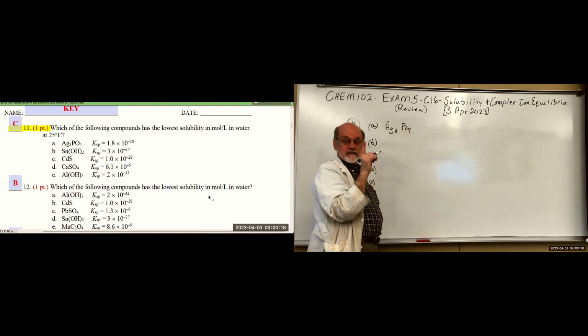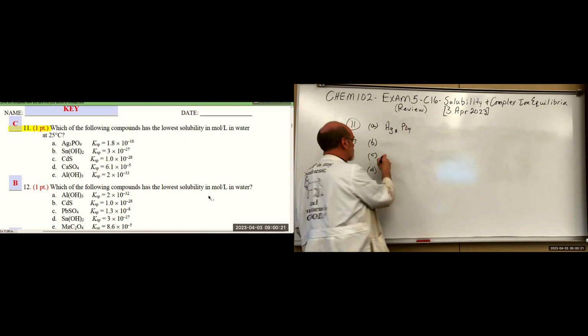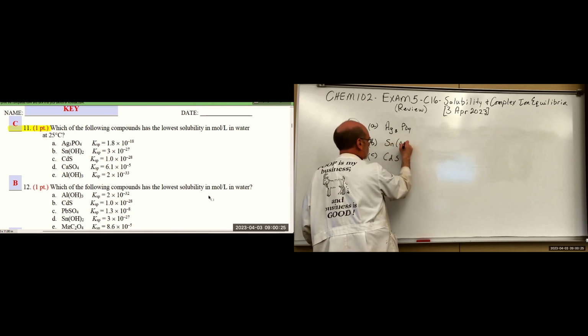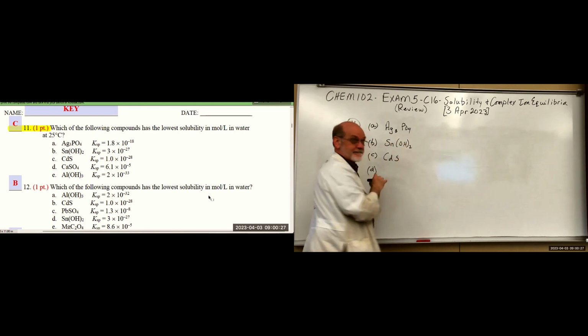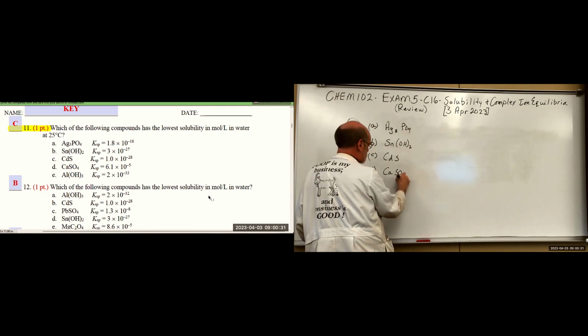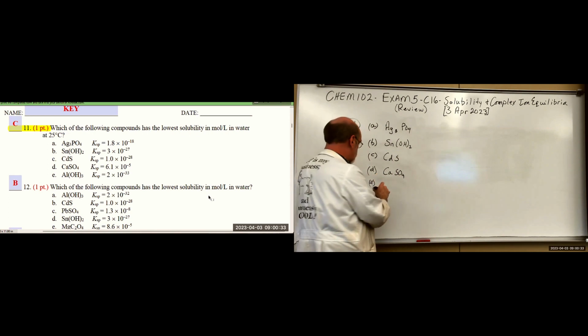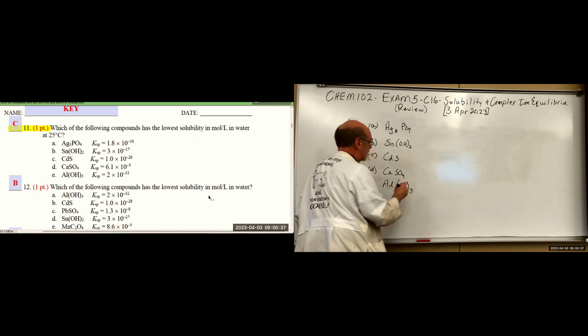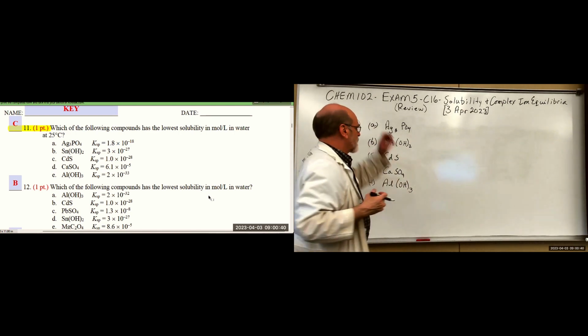And then we have the one we just finished, and cadmium sulfide. Okay, and we have calcium sulfate and aluminum hydroxide.